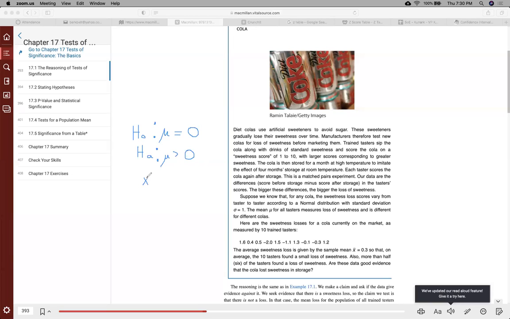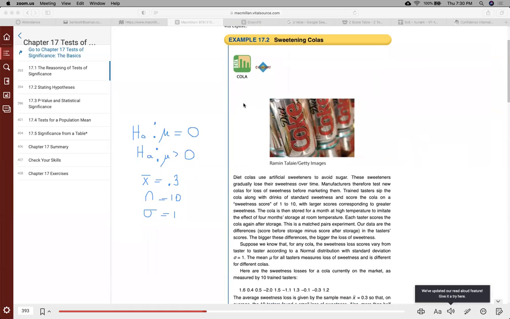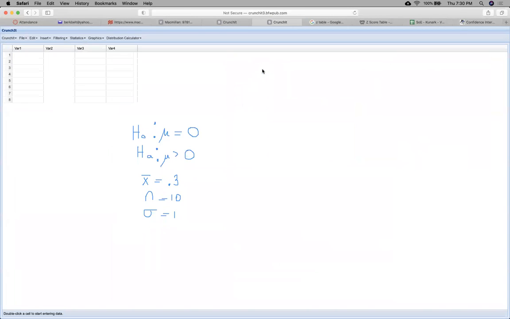And we have our x bar is equal to 0.3. We have our sample size is equal to 10. We're told sigma is equal to 1. And we want to test this. So what we're going to do is go to Crunch It, and we're going to test this case on Crunch It.